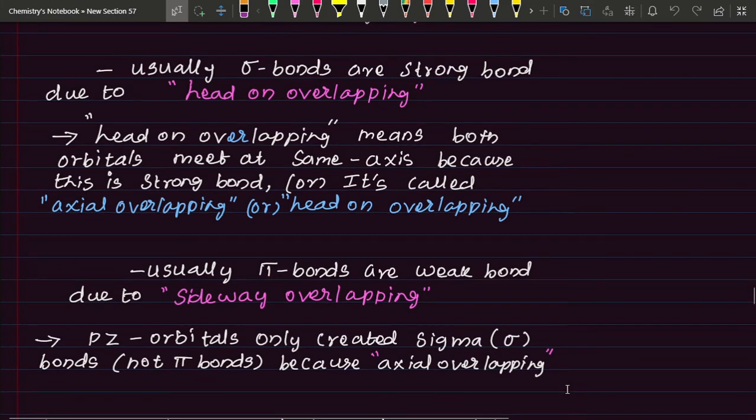PZ orbitals only create sigma bonds, not pi bonds. See, PZ, so note this point: PZ orbitals only create sigma bonds, not pi bonds, because of axial overlapping or head-on overlapping.